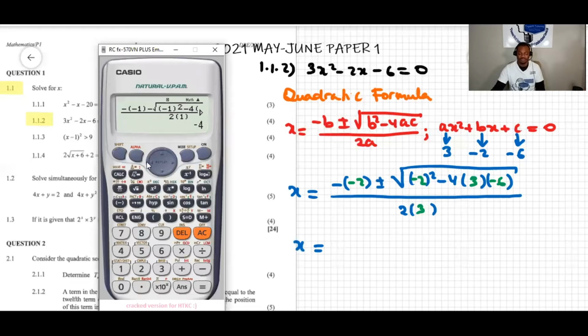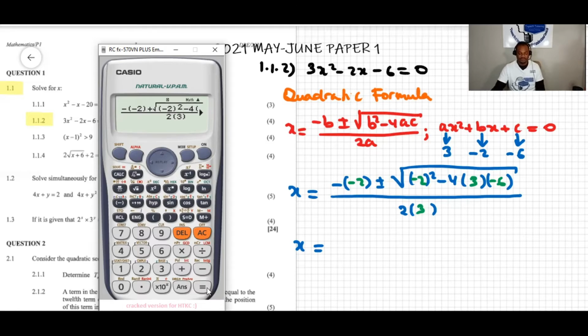Over here, I'm going to substitute the values of a, b, and c. b is negative 2, so we sub the negative 2. I'll work out the positive first, plus within the square root is b squared, so negative 2 squared, minus 4a, where a is 3, and c is negative 6, so negative 6, over 2a, and a is 3, so we have 3 there.